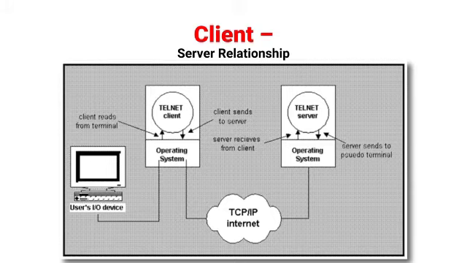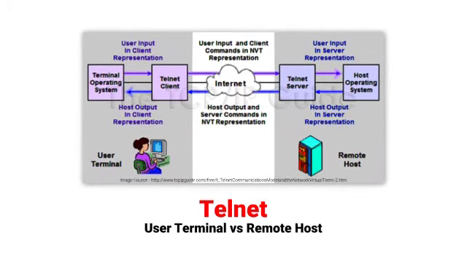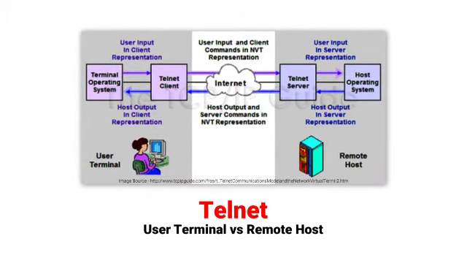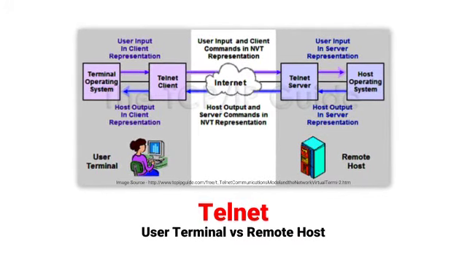This is another example of Telnet user terminal versus remote access. Basically you have the user input in client representations, host output in client representations. In between, there is the internet, which carries the host output and server commands in that network virtual terminal representation.